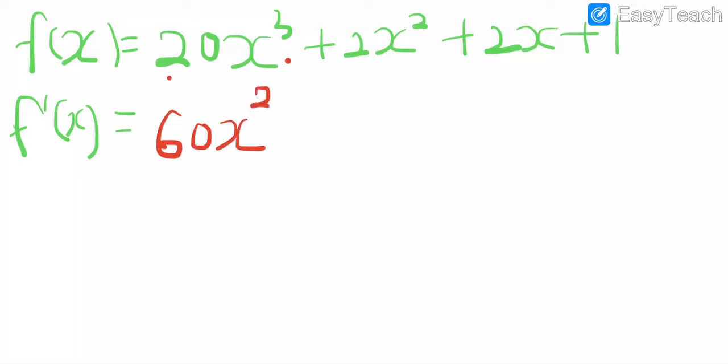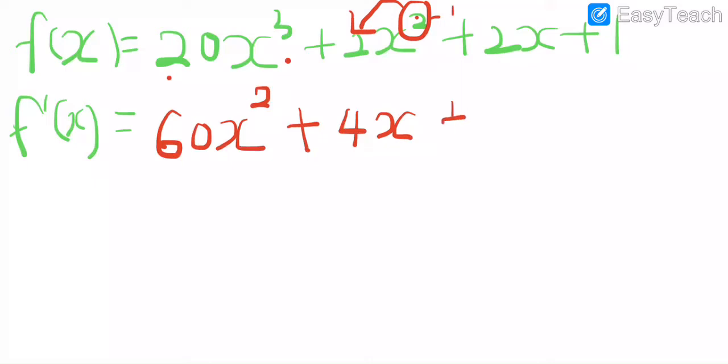Okay, you do it one by one. Plus 2 times 2, 2 times 2 equals 4. So x, 2 minus 1 is 1, so you no need to write anything here.